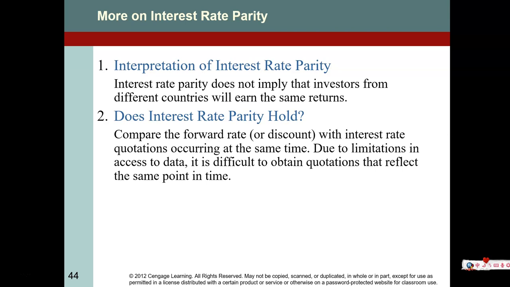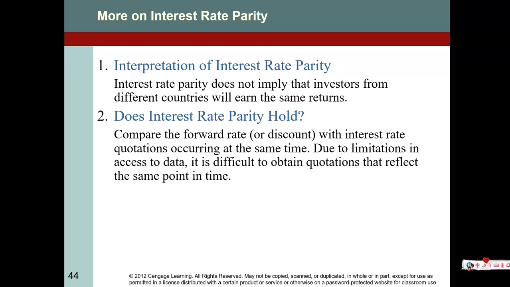It's just that as a US investor, even though the interest rate is higher if you invest in the UK, you're going to exchange US dollars to UK pounds first, and then change it back to US dollars in the future, and that spot rate is different from the forward rate.